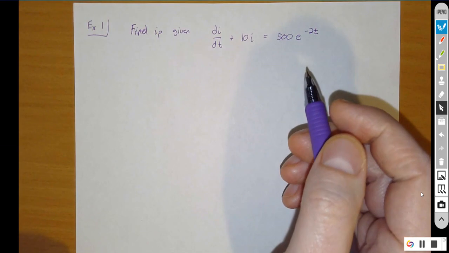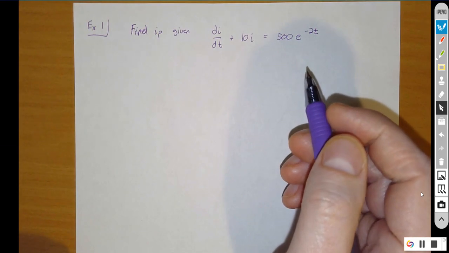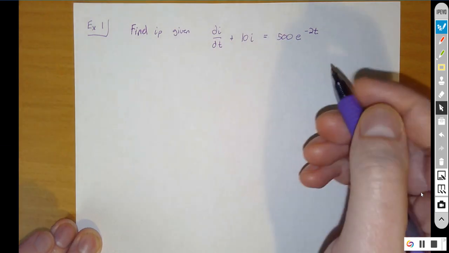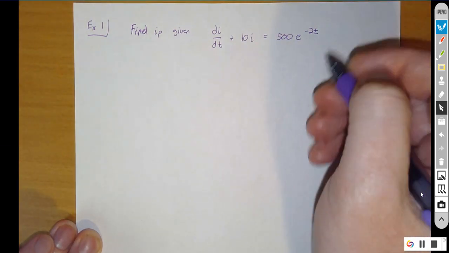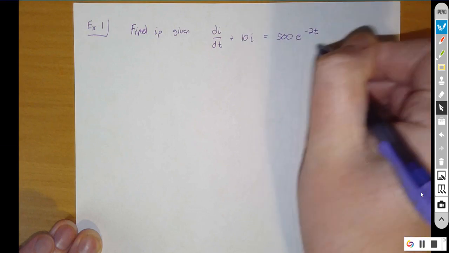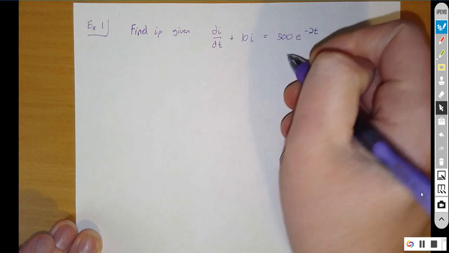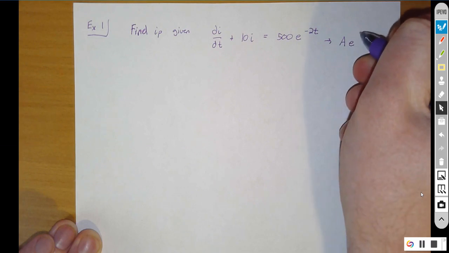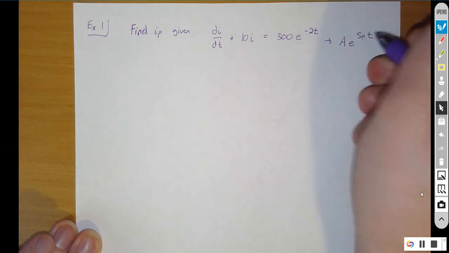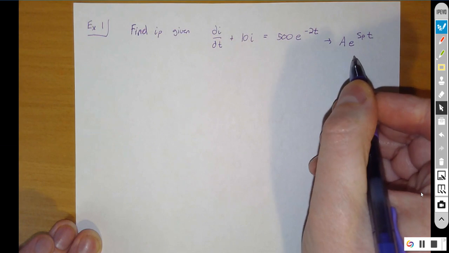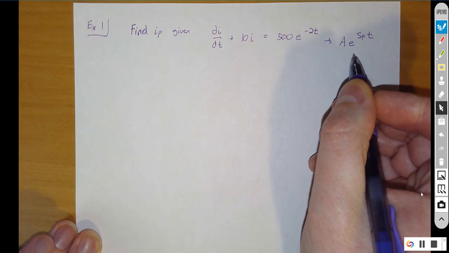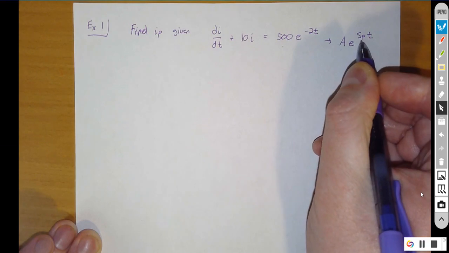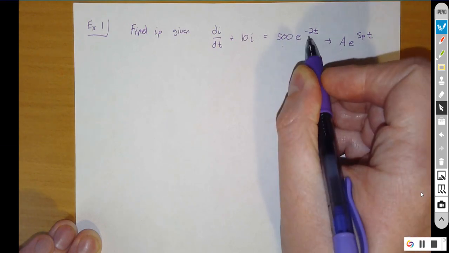To find the particular response, we are going to assume that this right-hand side takes the form A e to the s_p t. This form should look familiar. It's very similar to the natural response. In this case, A would be 500, and s particular would be negative 2.